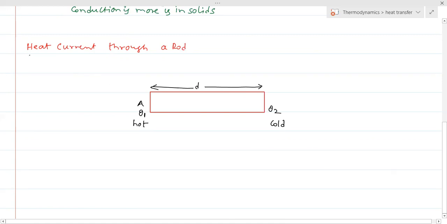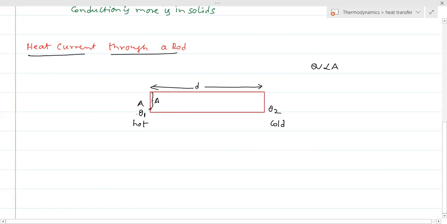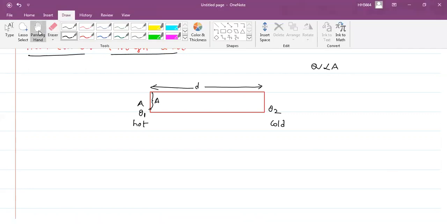According to our practical observation, the amount of heat energy exchanged between A and B, Q, is proportional to area. If the area of cross section is more, the rod will transfer more heat energy.